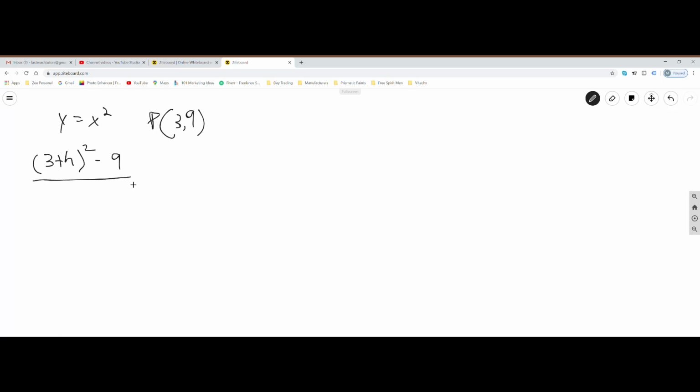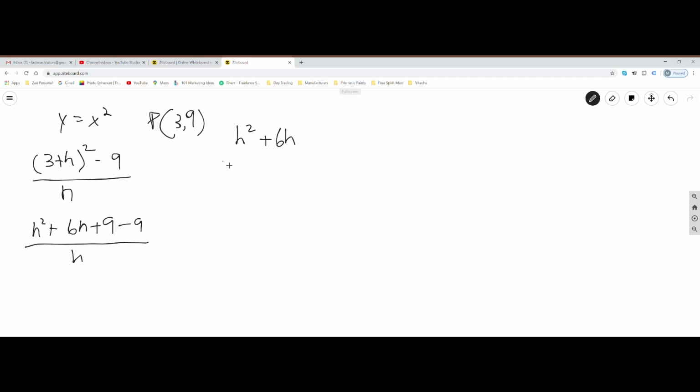All over h. So now let's expand it out. You have 3 squared, plus 2 times 3 times h, which is 6h, plus h squared, minus 9, over h.